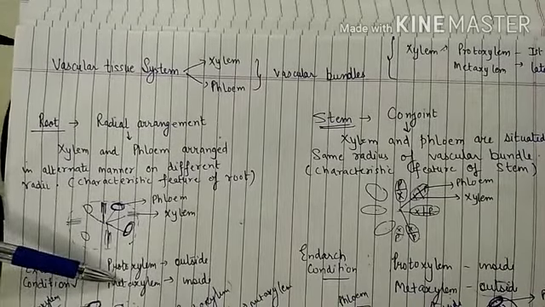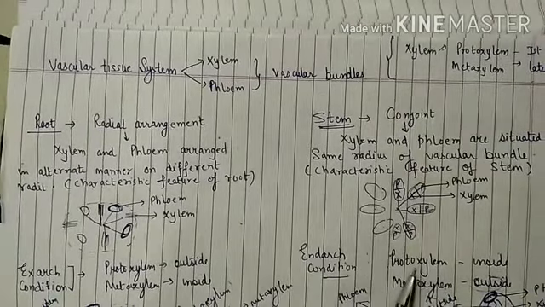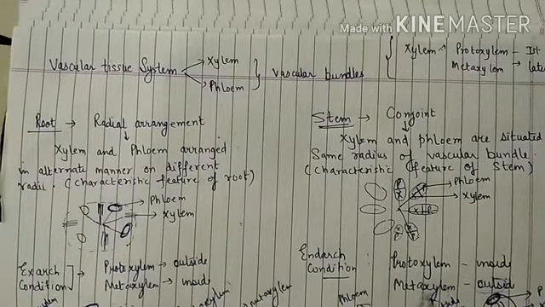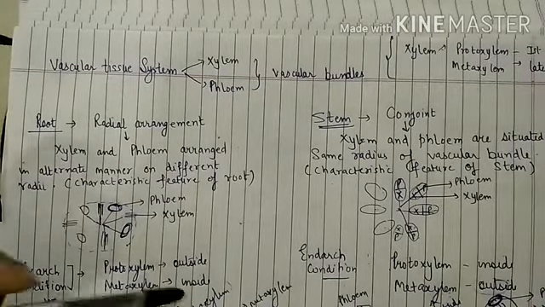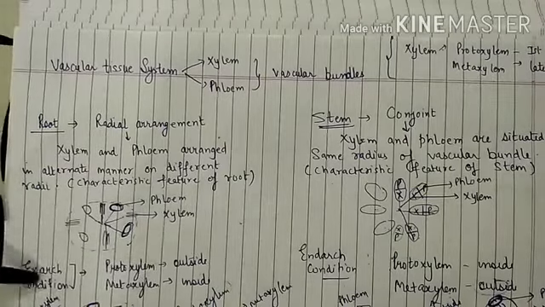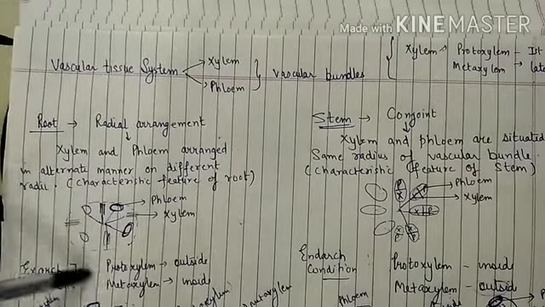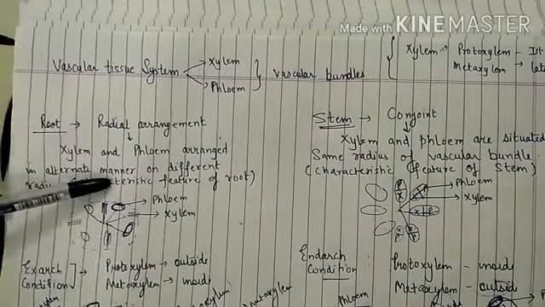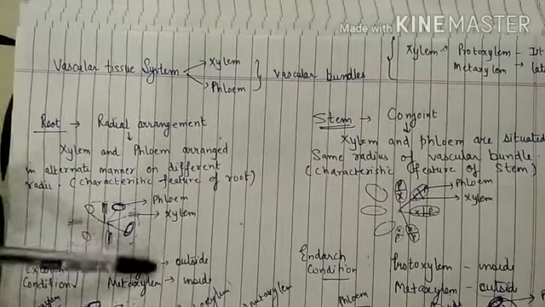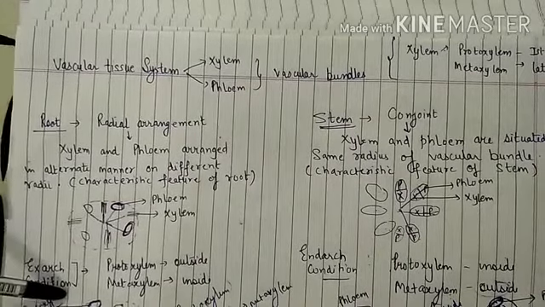However, the metaxylem is present inside. And endarch condition means protoxylem is present inside and metaxylem is present outside. So this exarch and endarch condition is basically based upon the presence of protoxylem, whether it is present inside or outside. On that basis, the terms exarch and endarch are given.